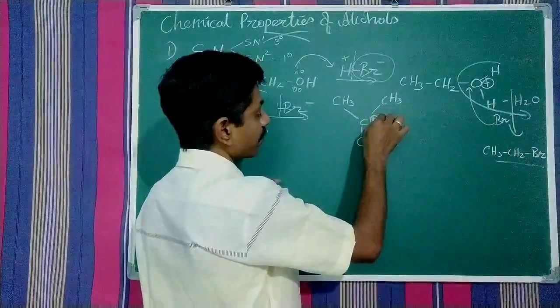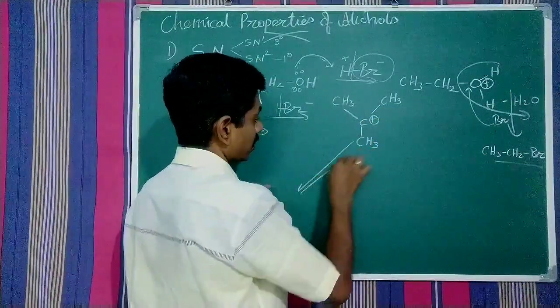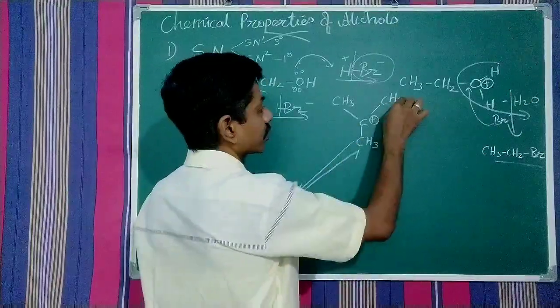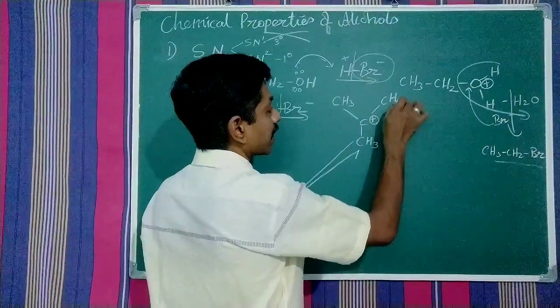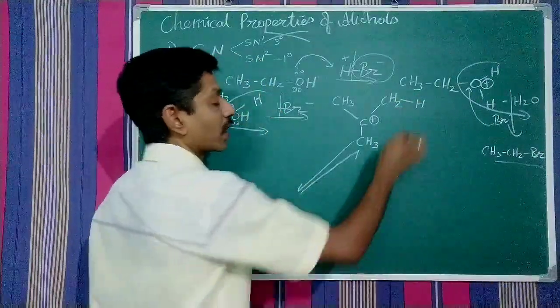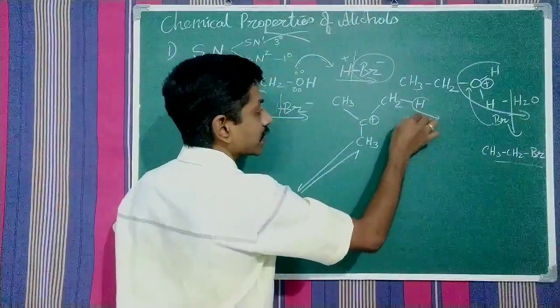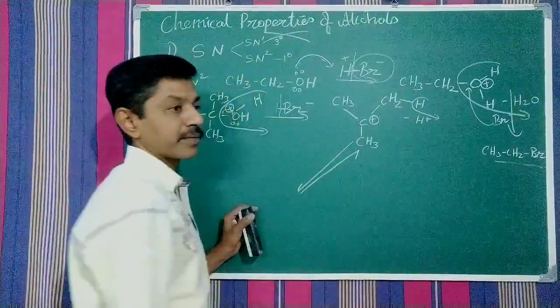And from this step, there is a possibility of deprotonation. That means I write it like the CH2 and the hydrogen. One of the hydrogens will be removed as H plus. That's why they say deprotonation.